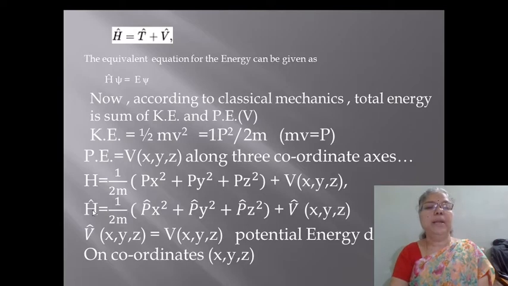The corresponding Hamiltonian operator is written as 1 by 2m (operator px squared plus operator py squared plus operator pz squared) plus the potential energy operator along x, y, z coordinates.